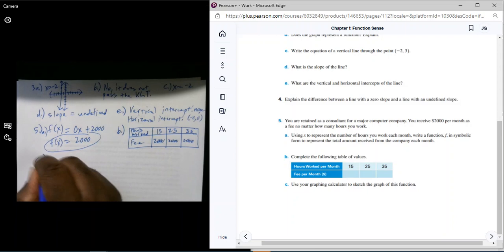Okay, now C. It says using your graphing calculator to sketch the graph of this function. Now, if you notice here, down here at C, where they usually would use the TI calculator, but we're basically using Desmos here.